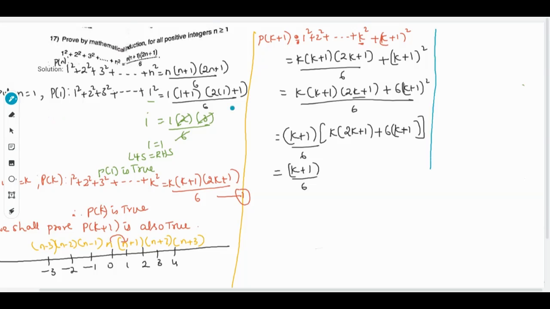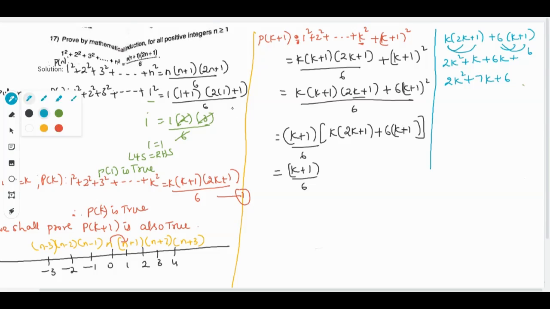So what's the simplification we have? We have k into 2k plus 1 plus 6 into k plus 1. So it will be k into 2k is 2k square, plus k into 1 is k, plus 6 into k is 6k, plus 6 ones are 6. So it will be 2k square plus 7k plus 6. If you want to use the factor method, what we need to do?